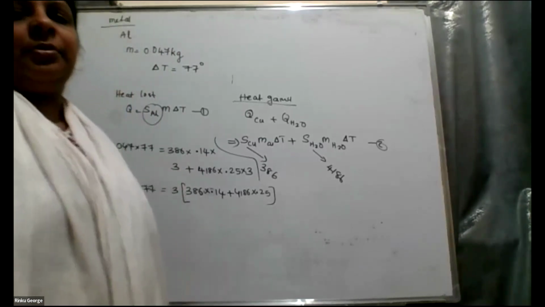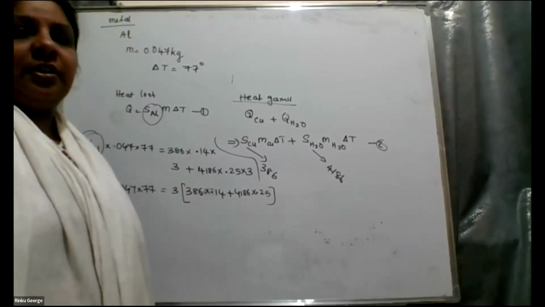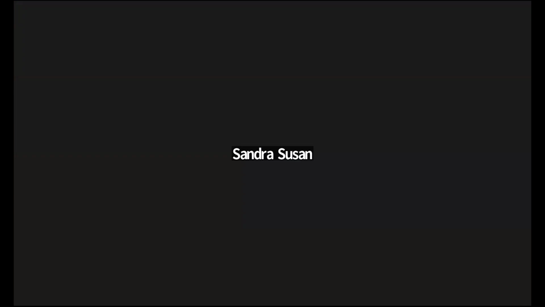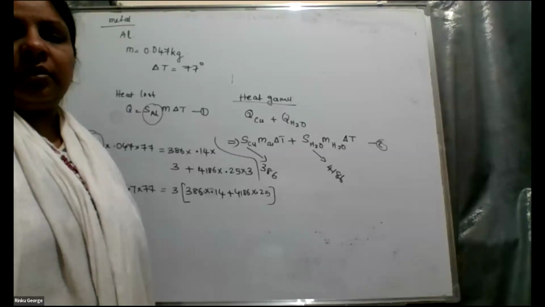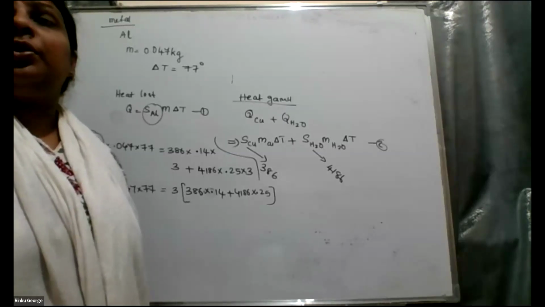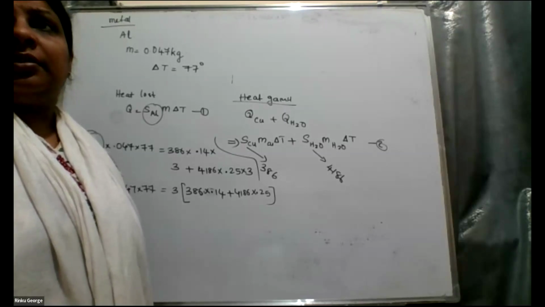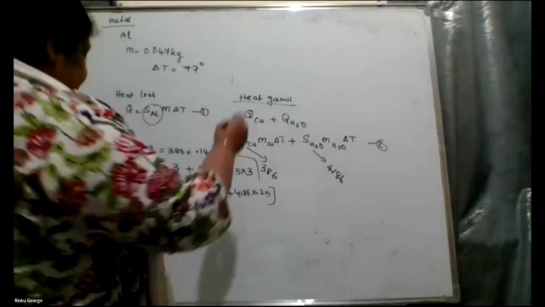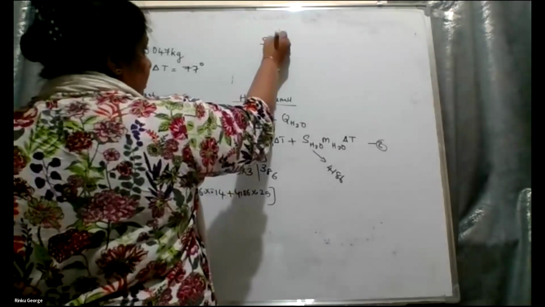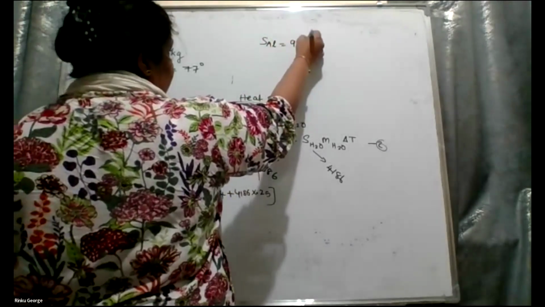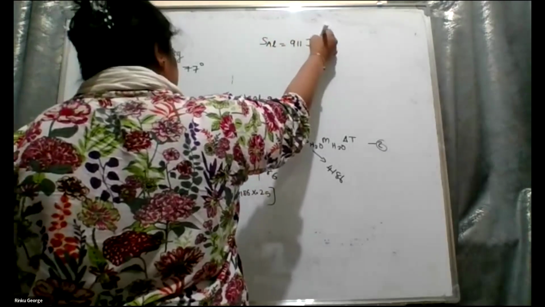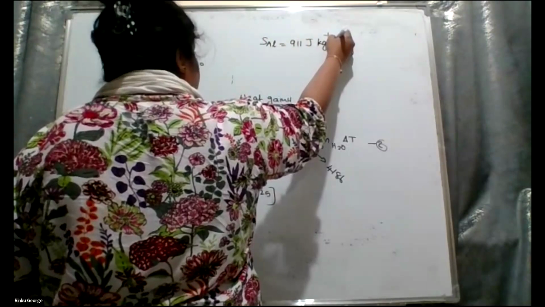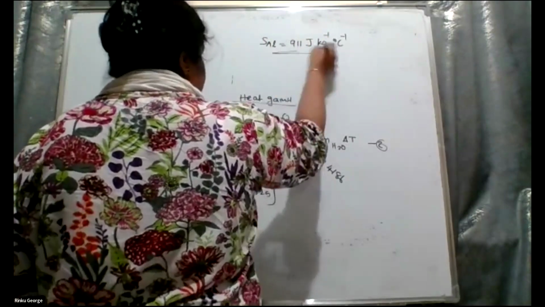This is the example question, okay? Example 3. Yeah, what did you get? 912 joule, right? Correct. Specific heat of aluminium will be 911 joule per kilogram per Kelvin, or degree Celsius.